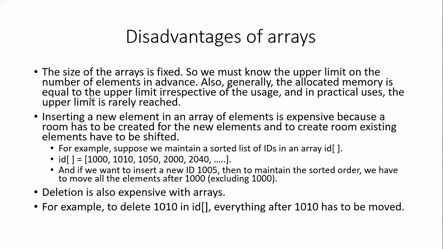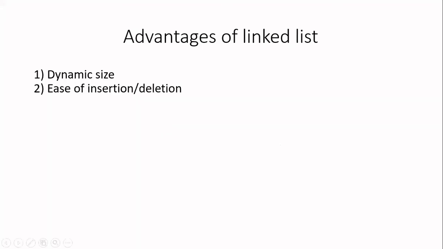Okay, the first is a very, very important disadvantage. In case of arrays, we go for static allocation. Now, how to overcome this disadvantage? For that only, we go for linked list. In case of a linked list, the advantage I have is, I'm not going to use static memory allocation. I'm going to use only dynamic memory allocation.